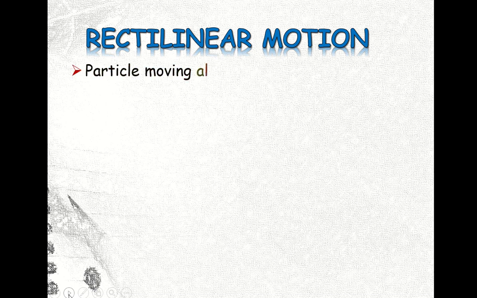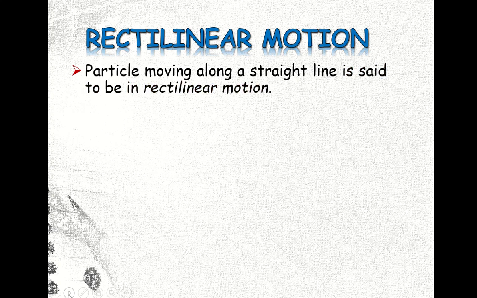Alright, a particle moving along a straight line is said to be in rectilinear motion, or motion along a line. We have here the illustration. This is our coordinate axis, the x-axis, and here we have O, the origin, where the particle is positioned at t equal to 0 before it moves.